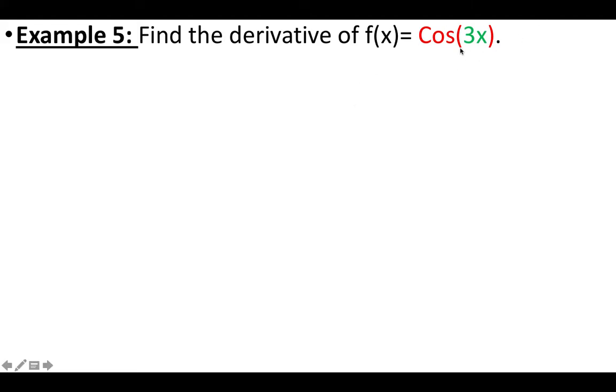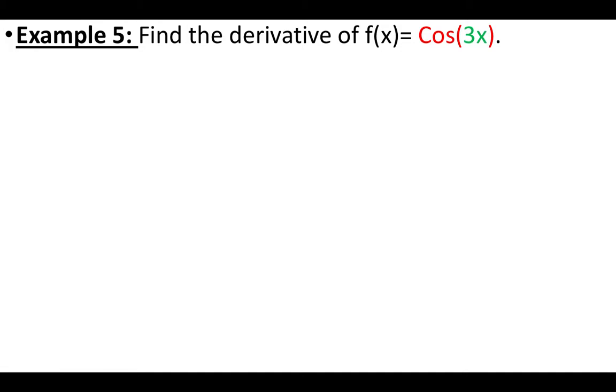This is cosine of 3x, because there's no x after the cos. Cos by itself doesn't mean anything. So this is cosine of 3x, where instead of x you see 3x. So my inner function is 3x. This is going to be a chain rule problem, therefore.